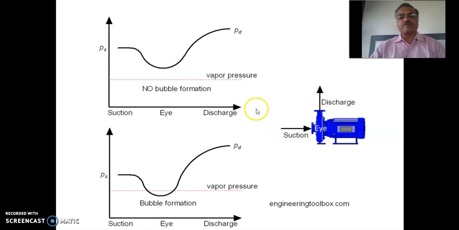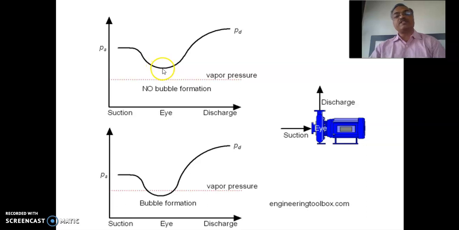Again, come to the same point, we have comparison here. You can see, again, there is a suction pressure, but the maximum suction pressure is well above the vapor pressure. And actually this gap is nothing but the net positive suction head. So here there is a positive difference.